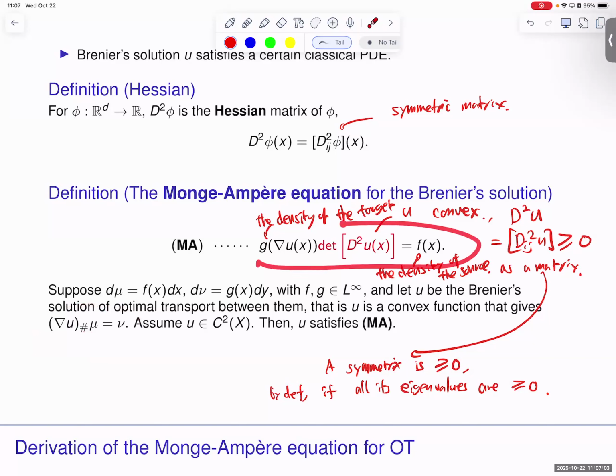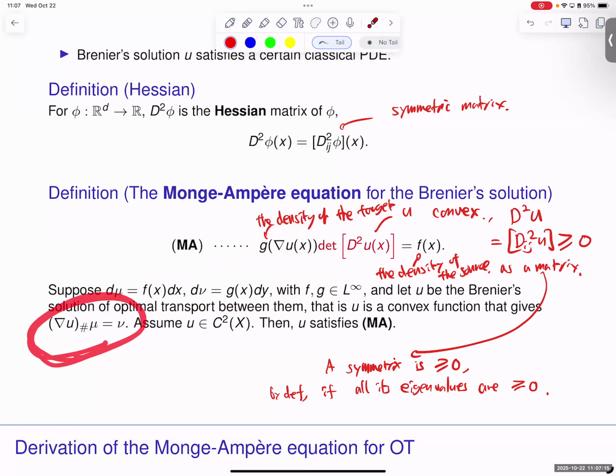If this holds for u, then it implies this. On the other hand, if u is twice differentiable and satisfies this transport property, then that implies this Monge equation.